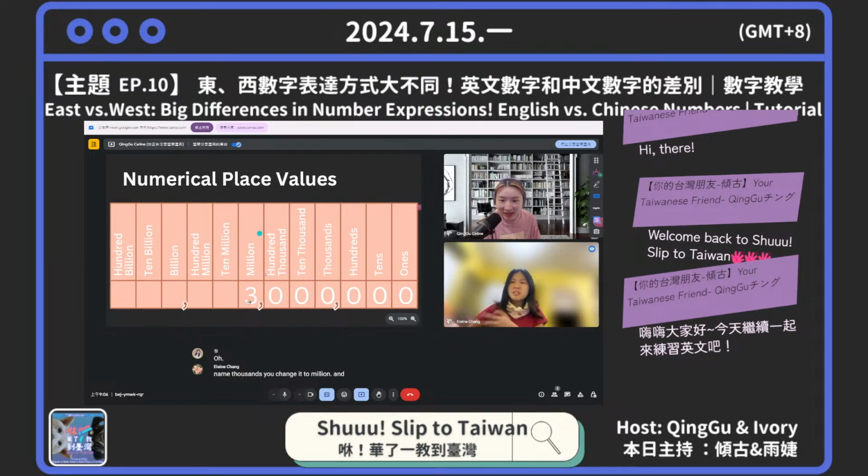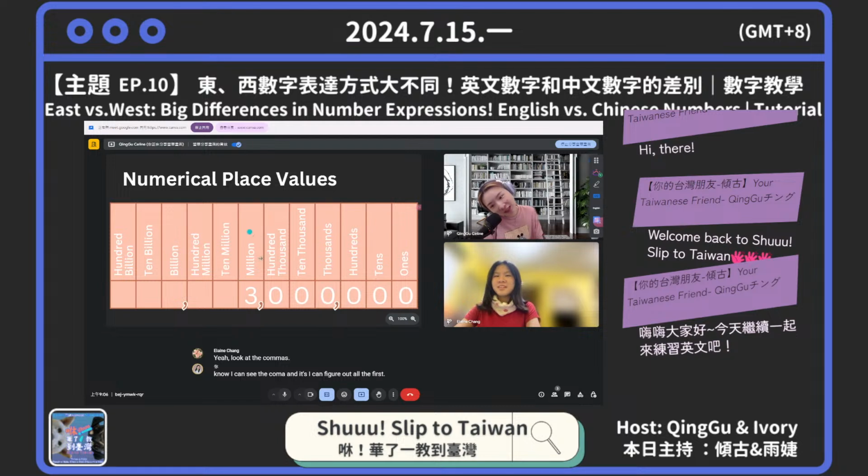It makes sense. When there's another comma, yeah. On the next comma, you change it to a billion. Ooh. So you see? Do you understand, Qinggu? Yeah. Actually, before that, I never figured out million, billion, or the number in English. I was always wrong. Look at the comma. But for now, I know. I can see the comma, and I can figure it out.